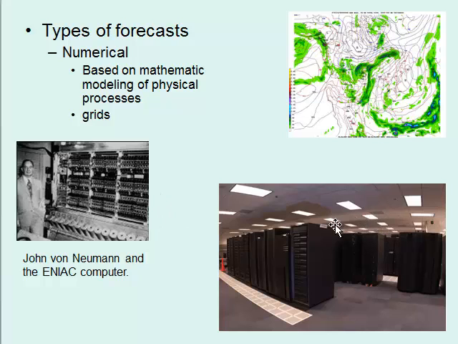So here's a picture of some of the servers that are used and computing stations that are used to actually work some of these computer models. Lots of power. Here you can see a picture from a long time ago of a very old computer that was used.